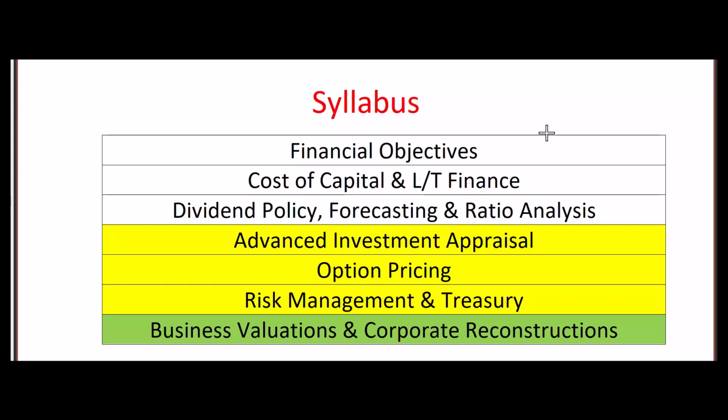We then have the areas of cost of capital and long-term finance. Cost of capital, following on from FM, is company WACC. We add in risk-adjusted WACC. We also bring in a value called KEI, which we use in an advanced APV calculation.